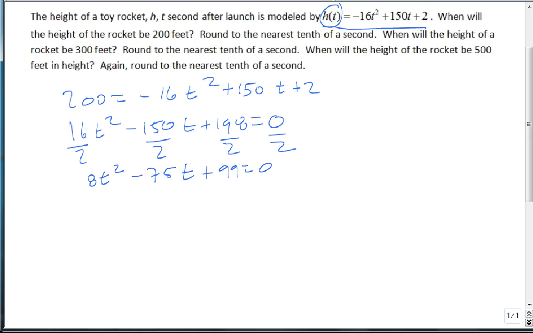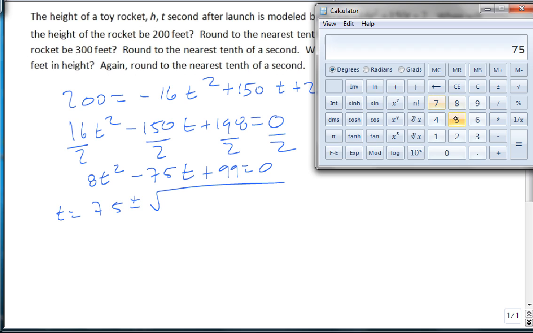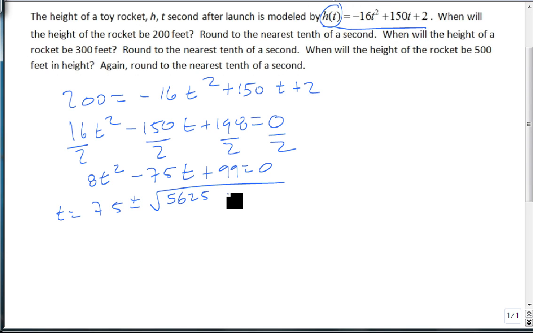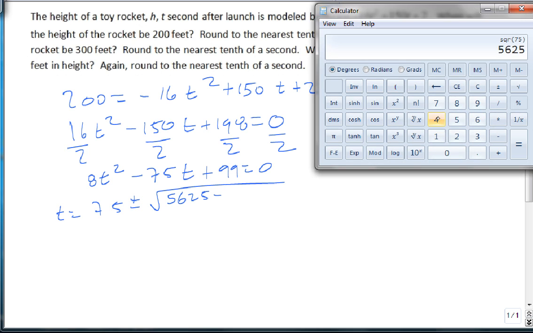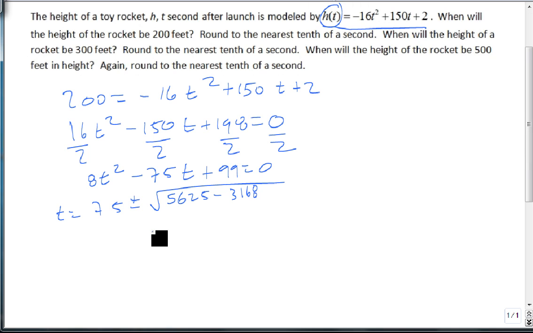So we're going to start with t equals 75 plus or minus the square root of 75 squared, which is 5625, minus 4 times 8 times 99, which is 3168, all over 2 times 8, which is 16.